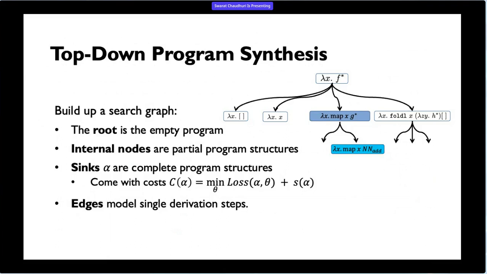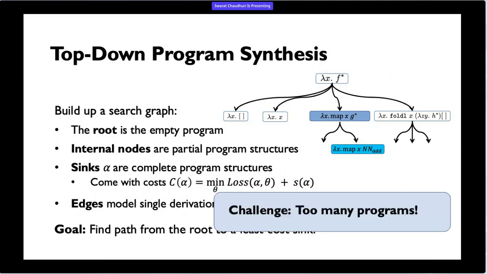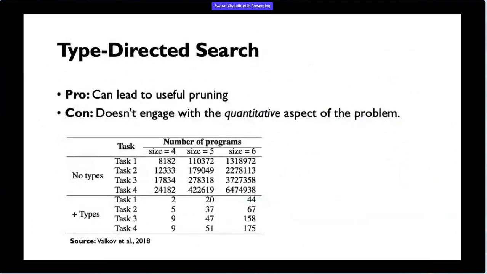So we can look at each one of these partial programs, look at the types of everything involved, and as soon as we find something that doesn't type check, we can just kill that branch. And there have been some experiments, for example, showing the dramatic reduction in the size of the search space once you're eliminating all of these programs that don't type check.